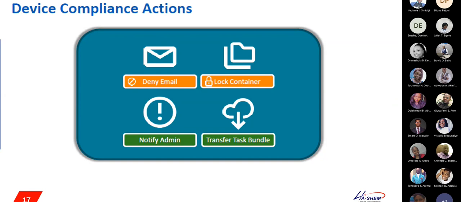This is only available in the Sophos Container or Samsung Knox mode. You can also deny access to the company network if the device is not compliant. Alternatively, as an administrator, you can just choose to send a notification or transfer a task bundle to the device to perform an action, like remotely uninstalling an application or a policy.